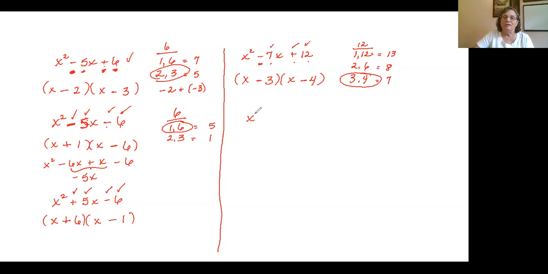What if this had been a minus 12? What could go here? That makes a good test question. What numbers could go here and have this factor? Factors of 12 are still 1 and 12, 2 and 6, 3 and 4.